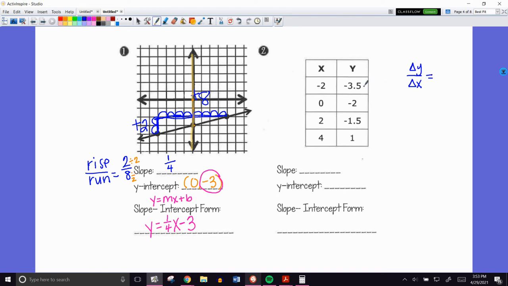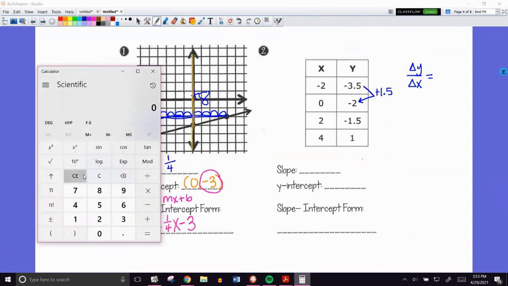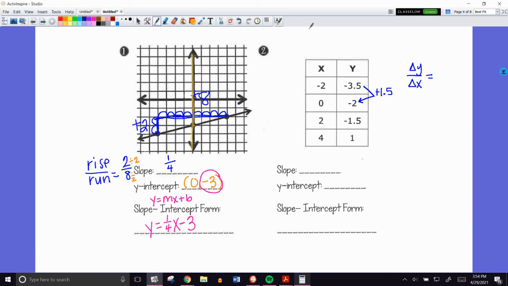So I see from -3.5 to -2, I'm going to add 1.5, and I'm just going to double check and verify. -3.5 plus 1.5 equals -2. So I did that correctly.